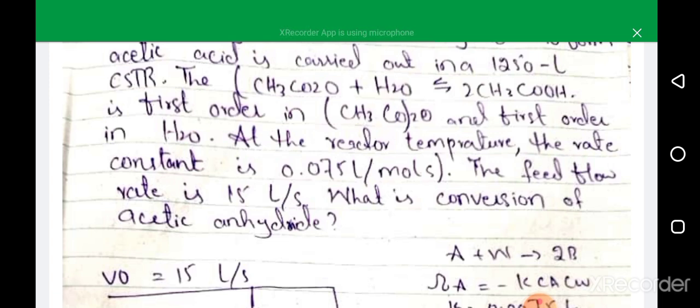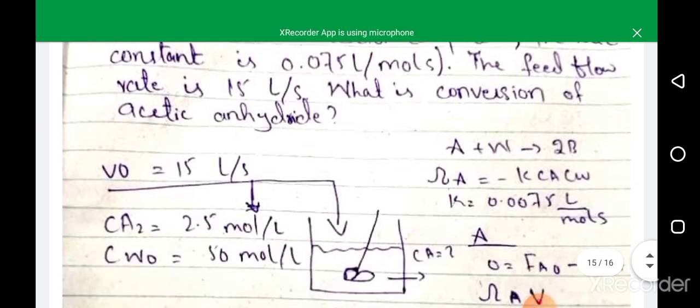At the reactor temperature, the rate constant is 0.075 L per mole per minute. The feed flow rate is 25 L per minute. What is the conversion of acetic anhydride?